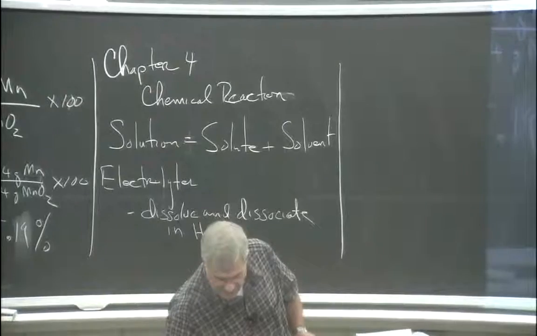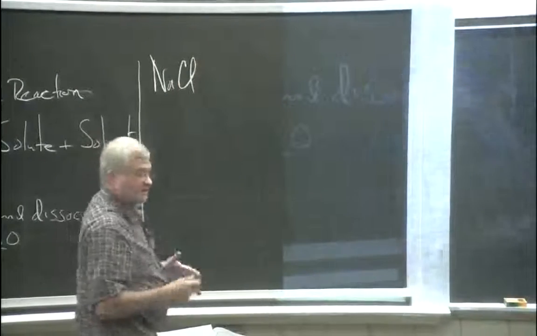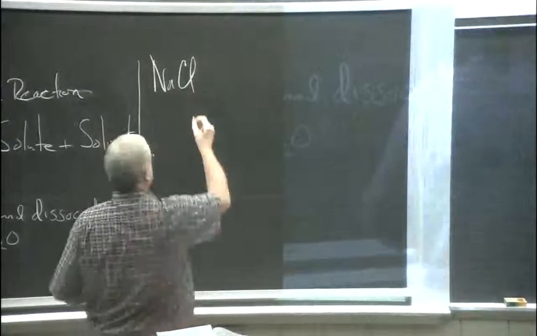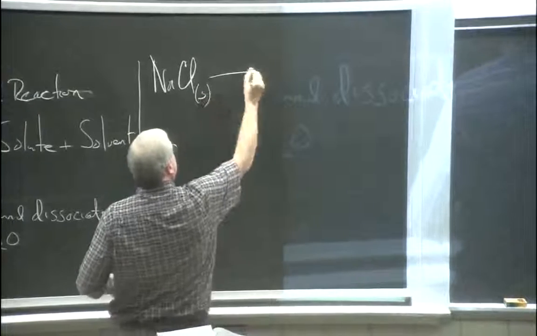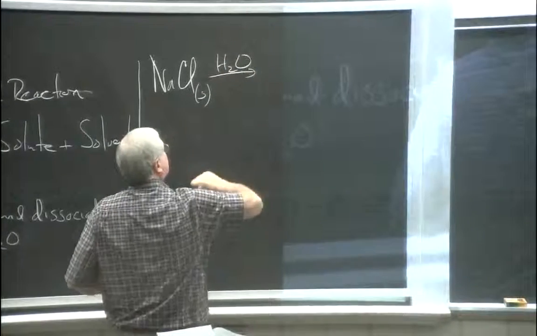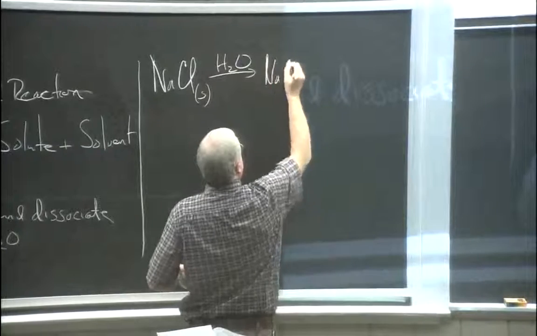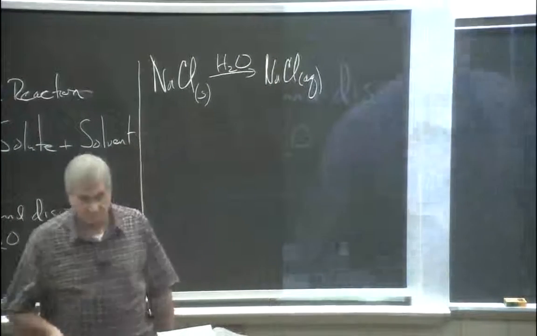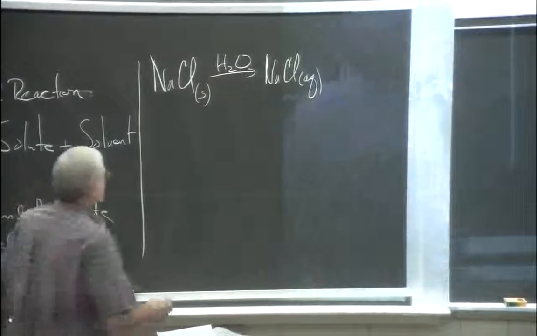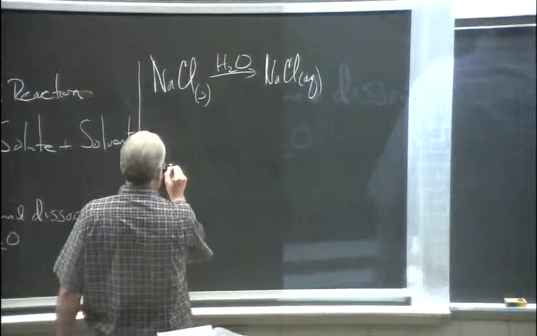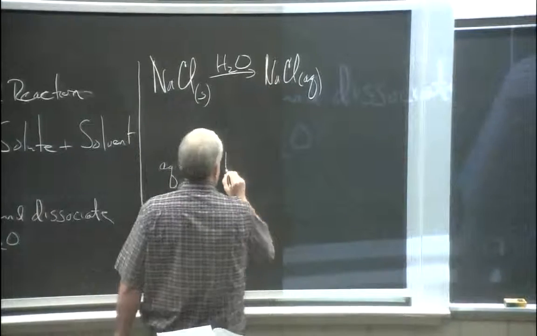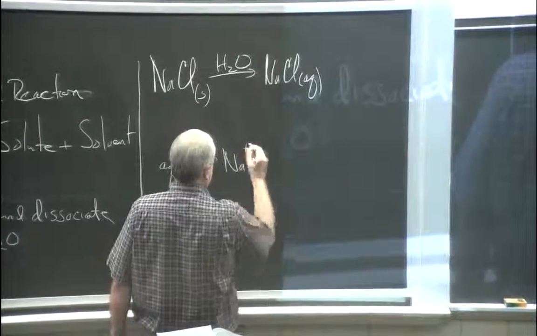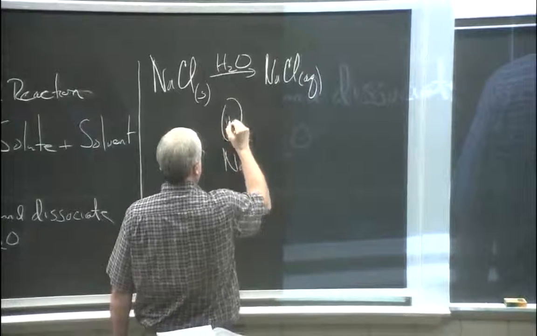Now let me give you an idea of what I'm talking about when I say dissolve and dissociate. Take a very basic one like sodium chloride. He does get into this in the book, but I think this helps you understand things a little better. Solid sodium chloride, let's put that into water, and we write it as NaCl aqueous. What exactly does aqueous mean? You'll have your sodium ions surrounded by water molecules.